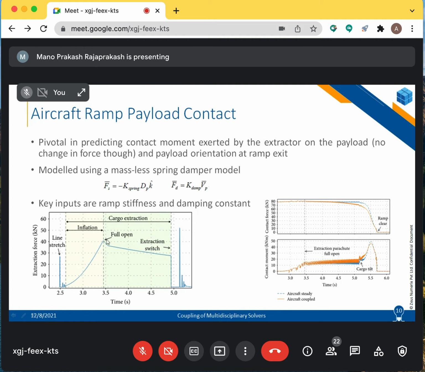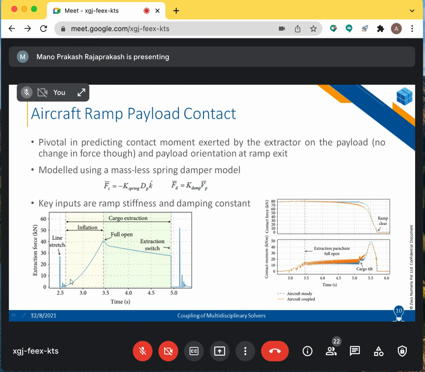At around 3.5 seconds, the parachute is fully open, and at this point is the extraction switch. What you see is probably the force transfer, which we saw when the force gets transferred from the pallet to the main parachute.